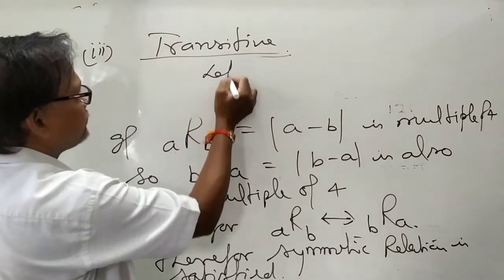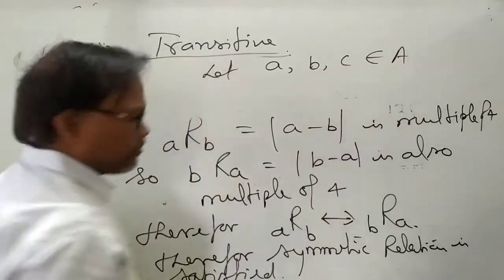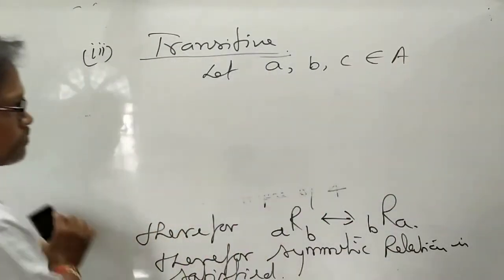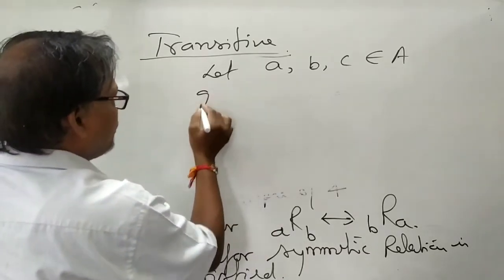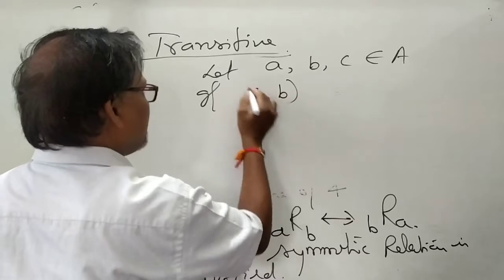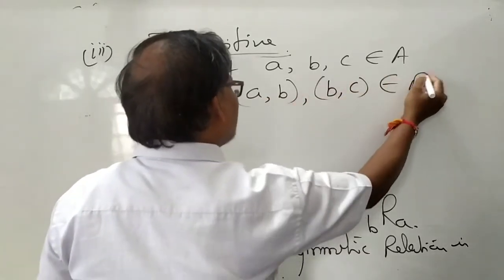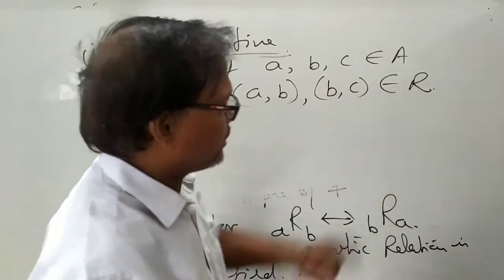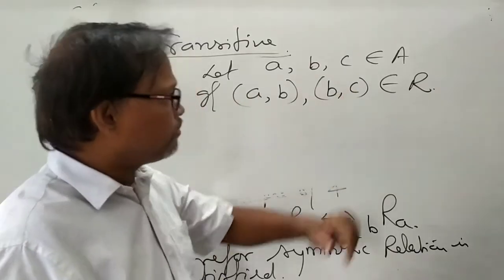Let A, B, C, for this you have to take three elements from the set A. Then if (A, B) belongs to R and (B, C) belongs to set R, both are in relation R. So in that case, can you say that (A, C) belongs to R?